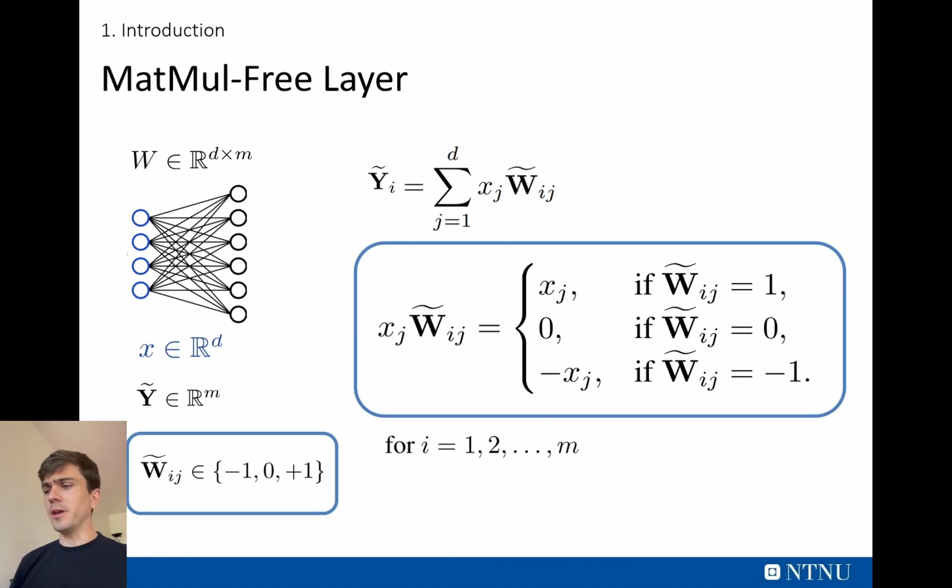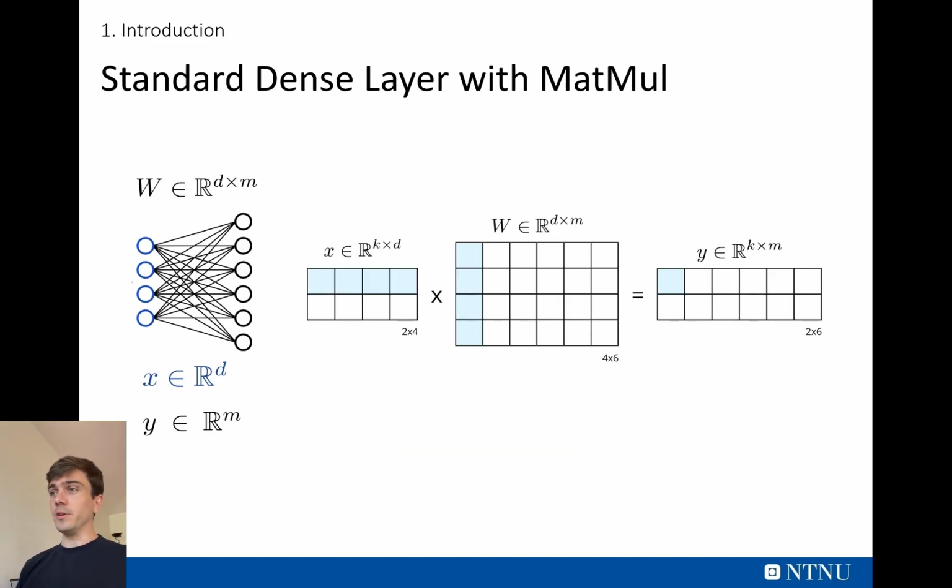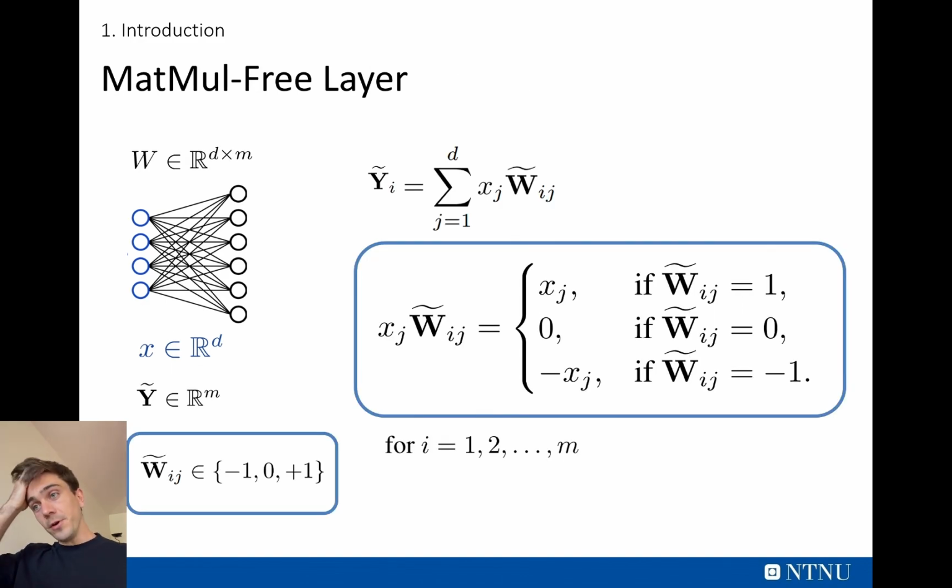So, okay, how can we do this? How can we remove all these matrix multiplications from here? The idea from matmul-free is that instead of using full precision weights, you use ternary weights. As we can see here on the screen, all the weights are either -1, 0, or +1. In this way, instead of having a multiplication, you just check the value of the weight.